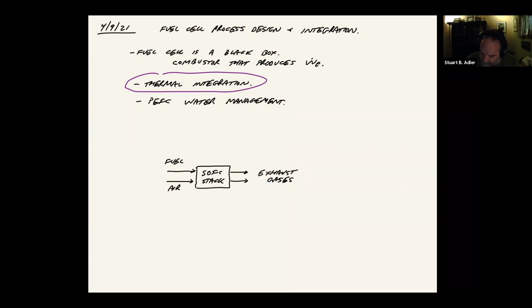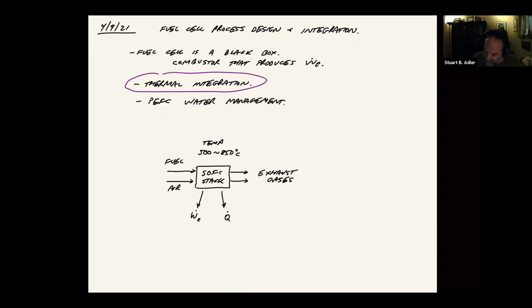But one of the things that is true of an SOFC is it has to operate at fairly high temperatures. We're talking about 500 to 850 degrees C. And when we've been looking at fuel cells as a black box, we've been thinking about this as, okay, we're going to produce some electrical power, and we're also going to produce some heat.